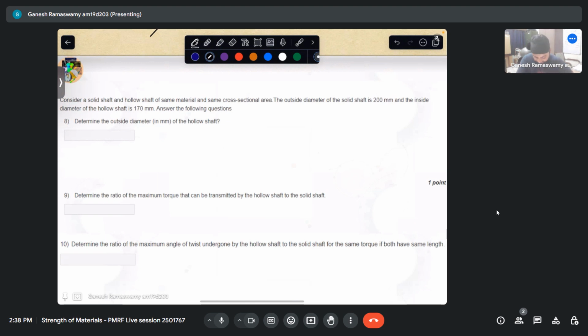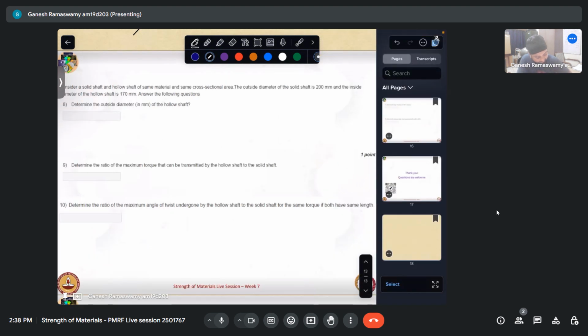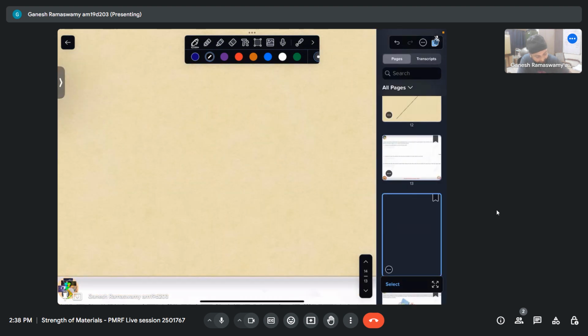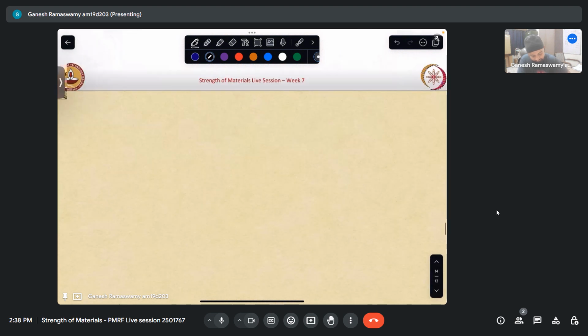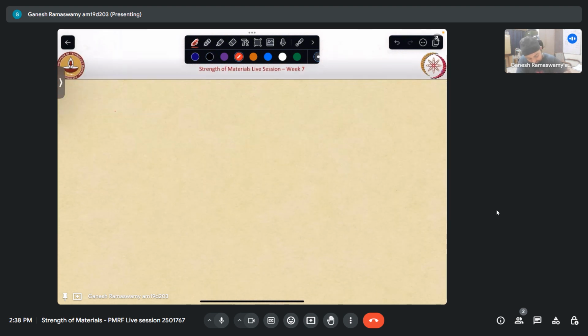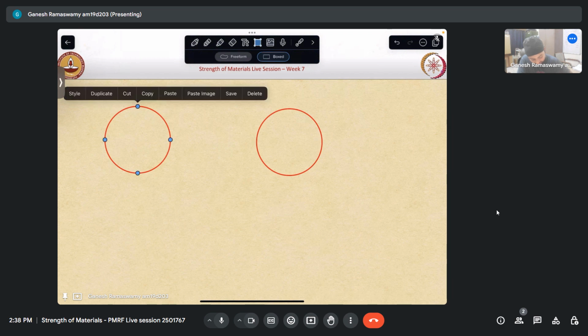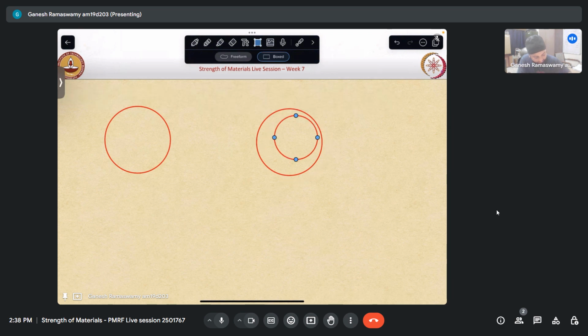Consider a solid shaft and a hollow shaft of the same material and cross-sectional area. The outside diameter of the solid shaft is 200. So I have a solid shaft and a hollow shaft. Let this be the hollow shaft, like that.